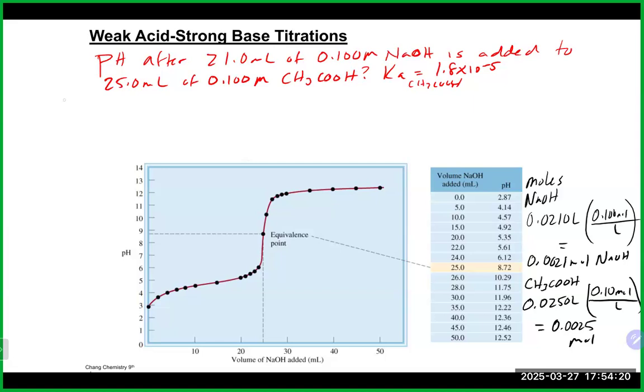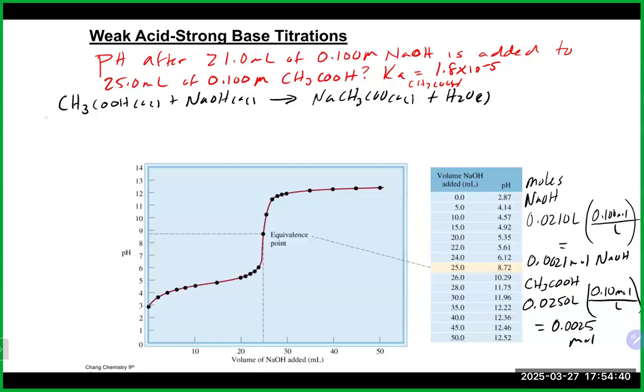All right, so we'll do our ice table, which we definitely need. So a little bit of acetic acid plus some sodium hydroxide here. It's going to do a little double displacement reaction. It's going to make some sodium acetate and some water in this case. So initially here, 0.0025 moles, 0.0021 moles, and a 0.